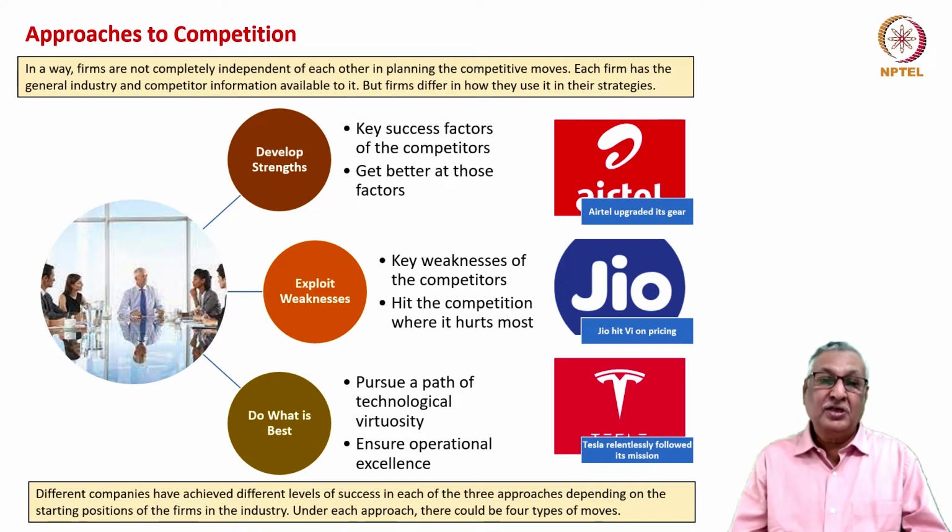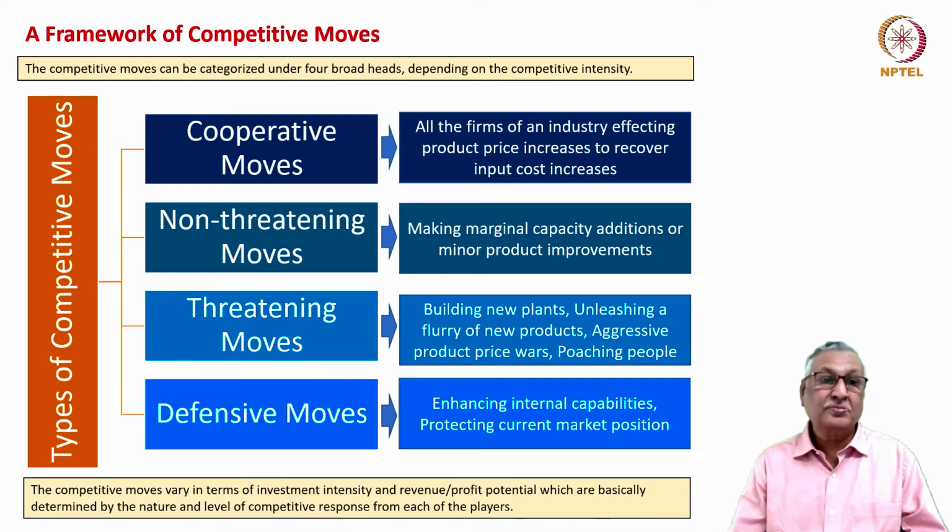Different companies, as I said, have achieved different levels of success using these three approaches, and it all depended on the starting positions of the firms in the industry. Under each approach, again, there could be 4 types of moves. These moves are cooperative moves, non-threatening moves, threatening moves, and defensive moves.